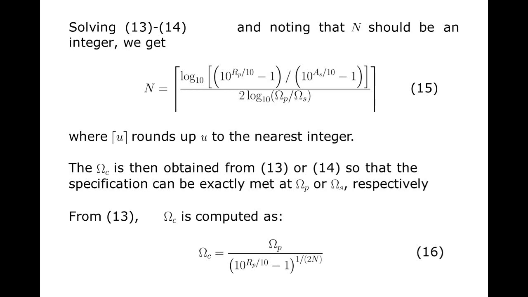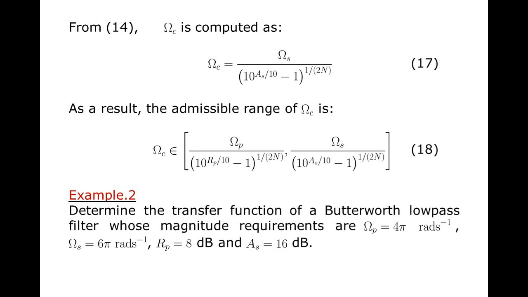The ohm C is then obtained from equation 13 or 14, so that the specification can be exactly met at ohm P or ohm S respectively. And ohm C is computed as ohm C is equal to ohm P upon 10 raised to RP by 10 minus 1, raised to 1 upon 2n. Or it may be in the form of ohm S also.